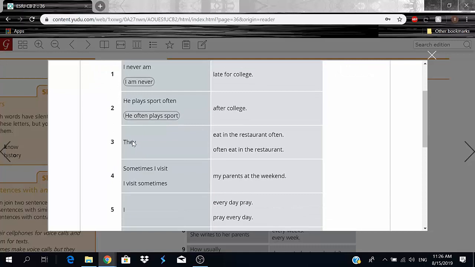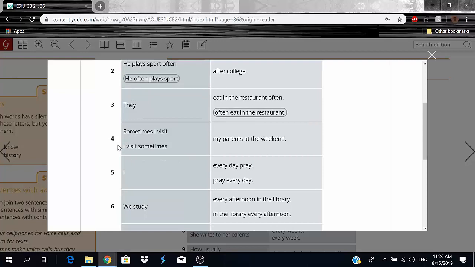Okay? Here we have they eat in a restaurant often, or they often eat in a restaurant. And 2 will be correct. They often eat in a restaurant. And again, order of frequency, obviously frequency adverbs, but using it with other verbs and not verb to be. Okay? And then we have number 4.